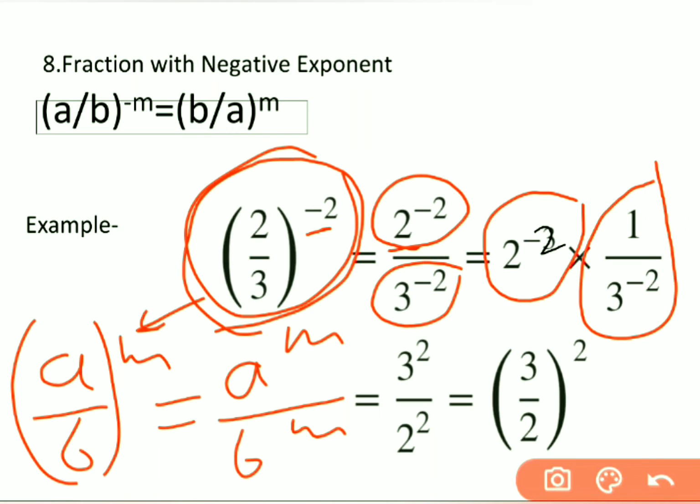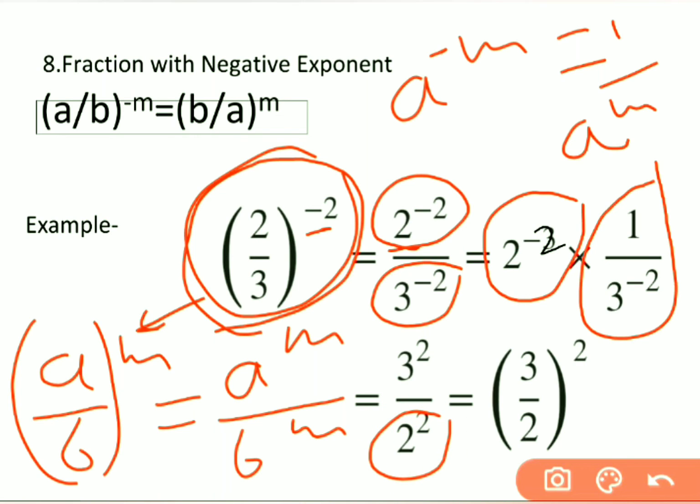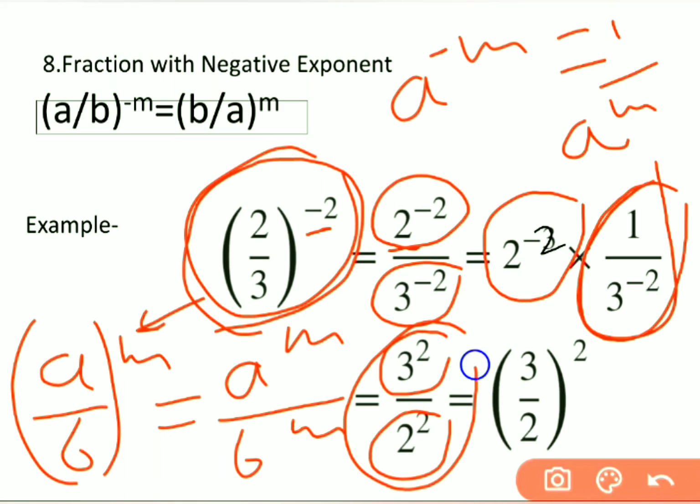And applying the seventh law of exponent in this video, that is a raised to the power minus m is equal to 1 upon a raised to the power m, 2 raised to the power minus 2 becomes 1 upon 2 raised to the power 2, and 1 upon 3 raised to the power minus 2 becomes 3 raised to the power 2, and this becomes 3 raised to the power 2 upon 2 raised to the power 2.